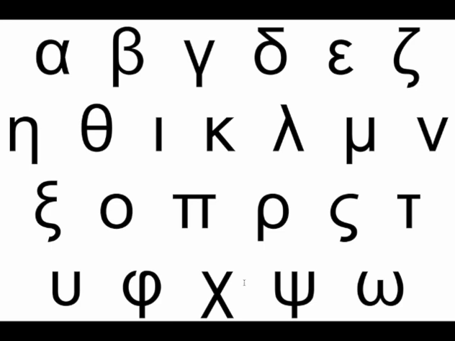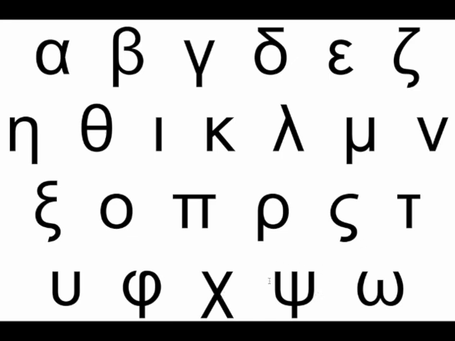I'll do both, and I'll accept both. So H or K. Starting at the top: A, V, G, D, E, Z, A, th, E, K, L, M, N, X, O, P, R, S, T, U, F, H or K.